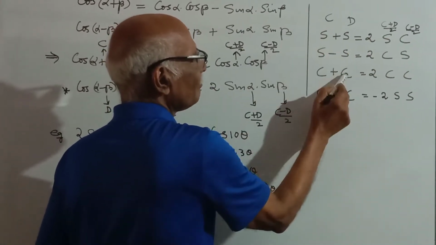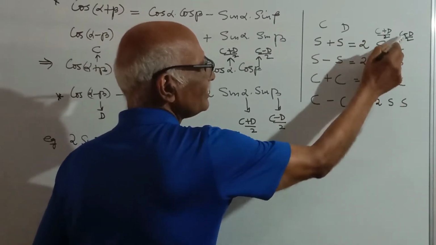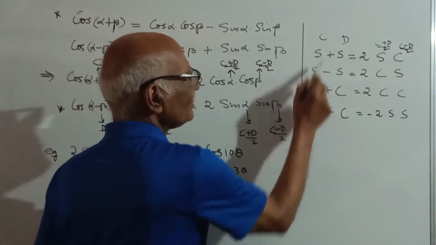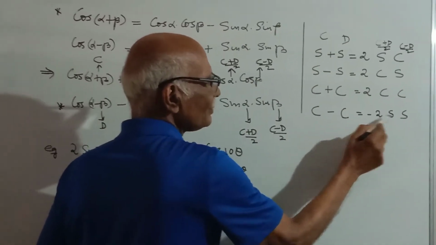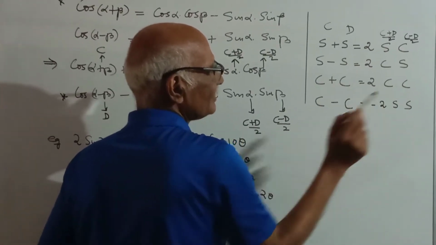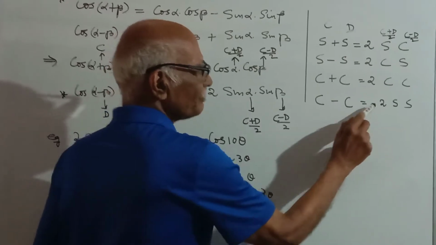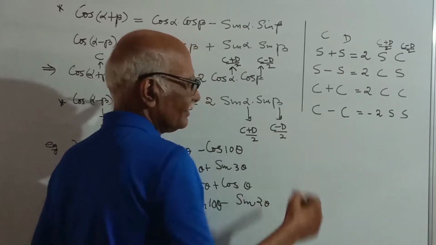Cos C plus cos D is 2 cos((C plus D) by 2) cos((C minus D) by 2). Cos C minus cos D is minus 2 sin((C plus D) by 2) sin((C minus D) by 2). But this minus sign can be ignored by taking the other way. We will see that.